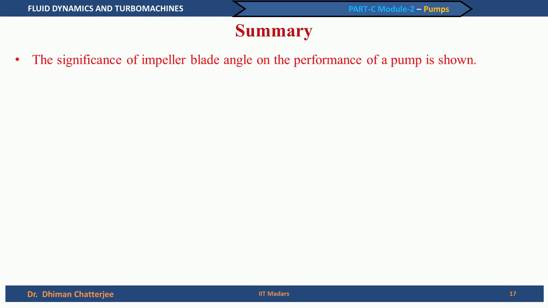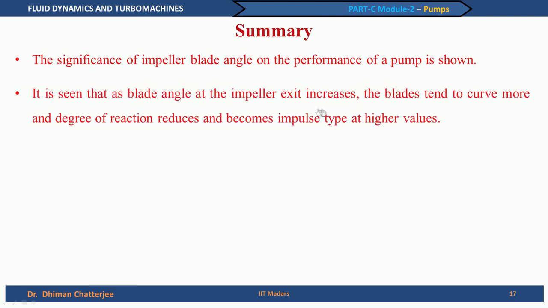We said that as the blade angle increases, the impeller becomes more and more curved, the degree of reaction reduces, and in fact, we have shown that at higher values the pump can become impulse type.